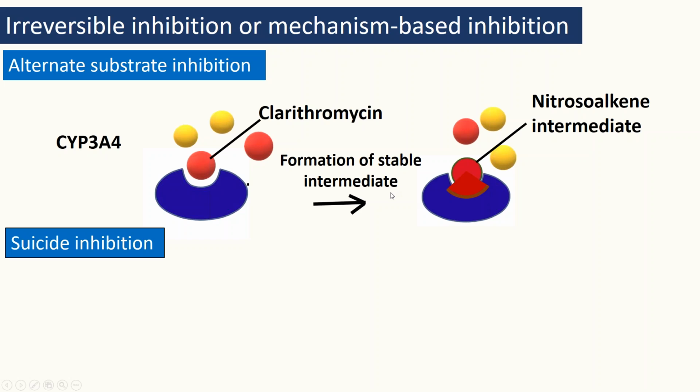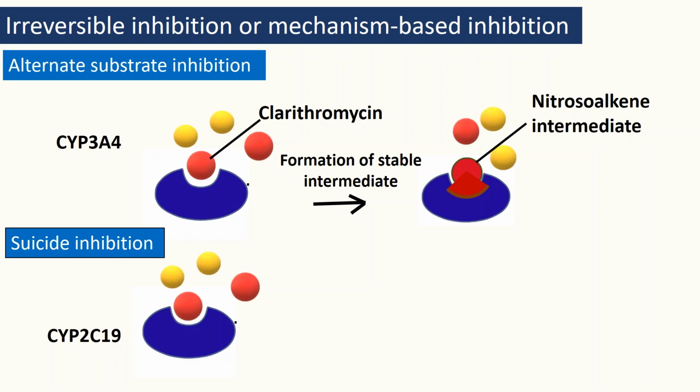It also results in serious drug interactions with many substrates. The second type of irreversible inhibition is suicide inhibition. This also has a classical example: the CYP2C19 enzyme with the inhibitor omeprazole.